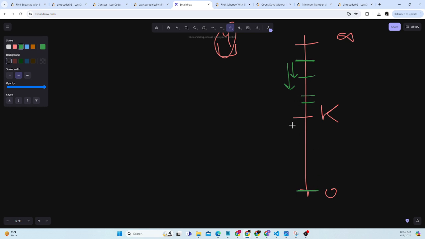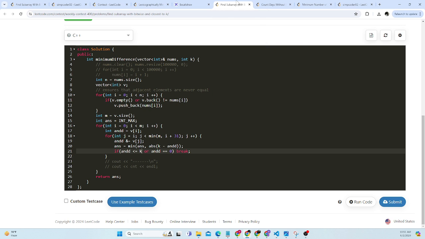But if our prefix AND goes less than k, then we know that all the subarrays after that will have AND less than or equal to k. So the distance will keep on increasing from k. So we'll take the first occurrence when it goes below k in our answer and then stop, because taking all results after that will increase the distance from k, since we need the minimum distance from k. So that is why we'll stop.